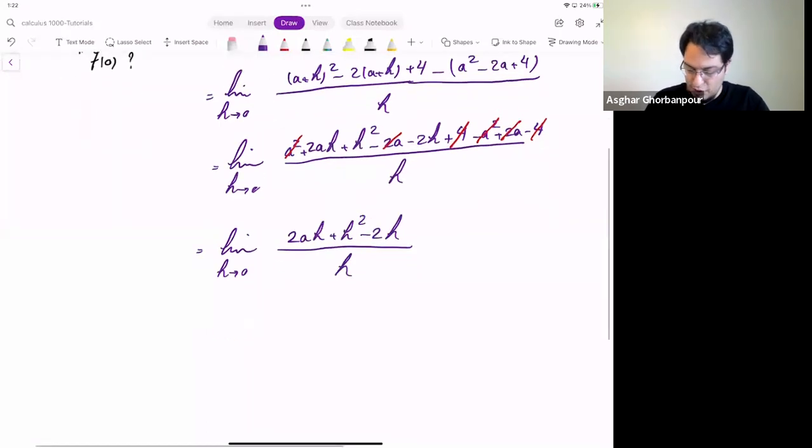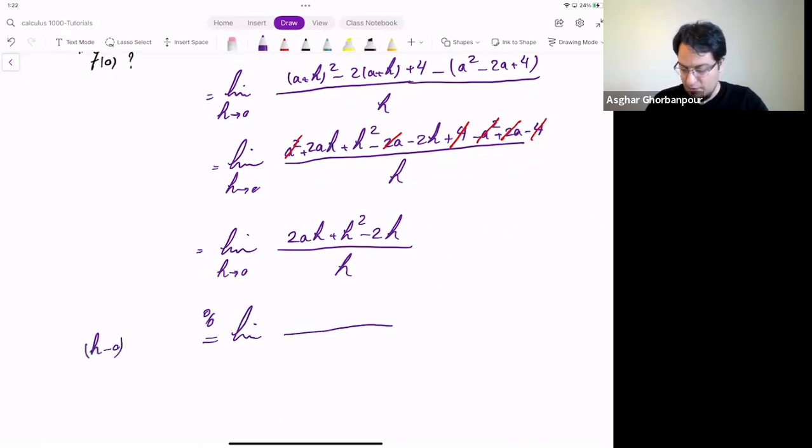And as h goes to 0, this is 0 over 0. So I can factor here. The vanishing factor is h minus 0, which gives me h times 2a plus h minus 2, divided by h. And this cancels with that.